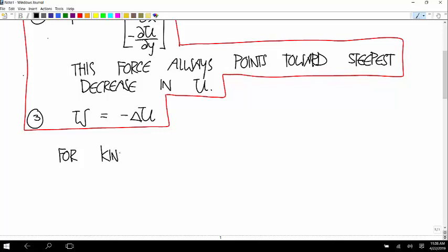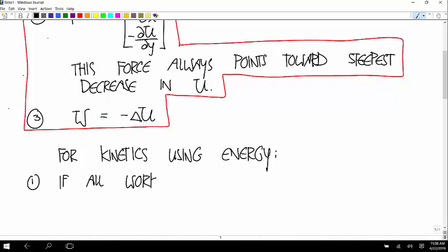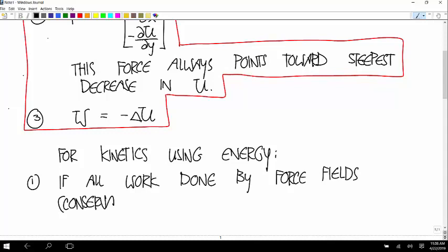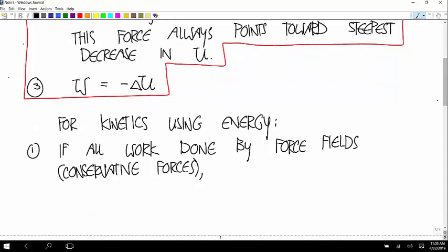So for kinetics using energy, if all the work on an object is done in force fields, in other words, it's all done by conservative forces, then solve the problem using conservation of mechanical energy.